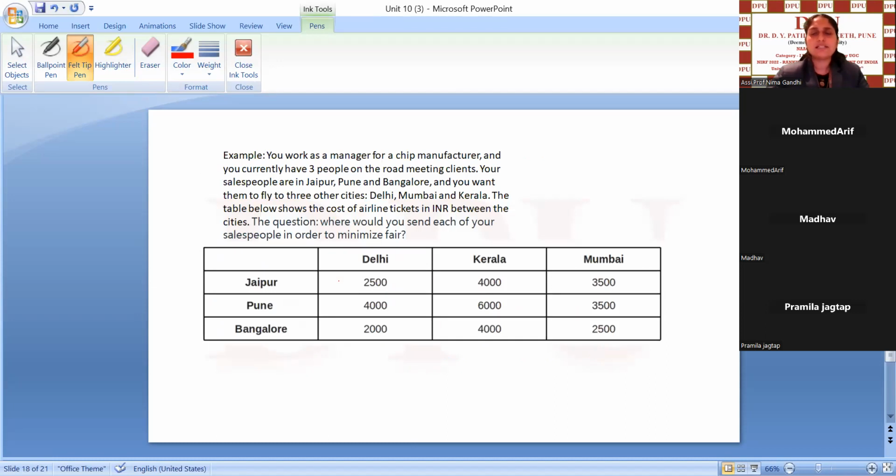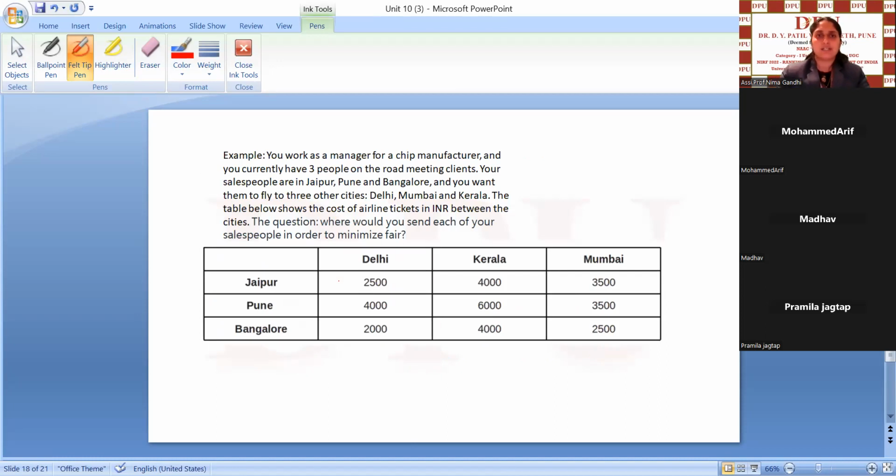So let's read the example. You work as a manager for a chip manufacturer, and you currently have 3 people on the road meeting clients. Your salespeople are in Jaipur, Pune, and Bangalore.